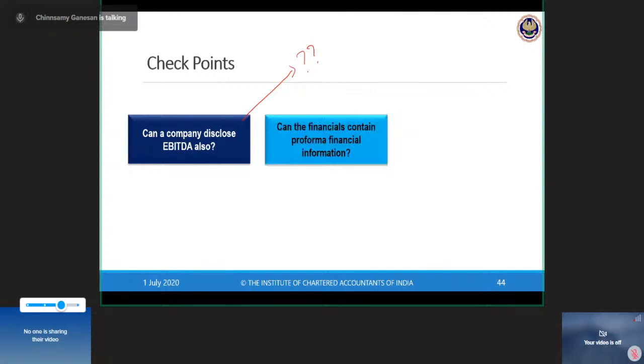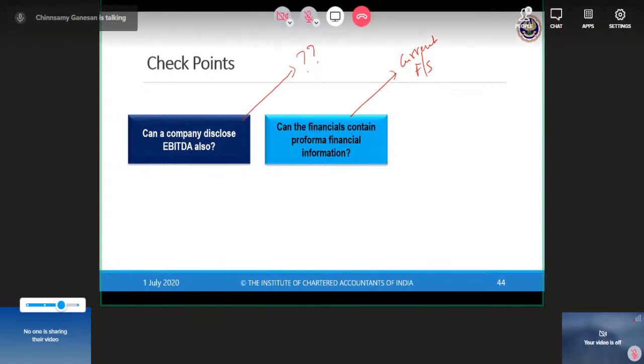When we are talking about pro forma financial information, can I include it in the financial statement? Normally, the financial statement should be your current financial statement and not pro forma financial statement. So if an entity wanted to give some pro forma information, for example, if they are saying that in the next 5 years this is what we are expecting, so our balance sheet will look like this in the next 5 years, we should ask them to specifically exclude it from the presentation of financial statement.